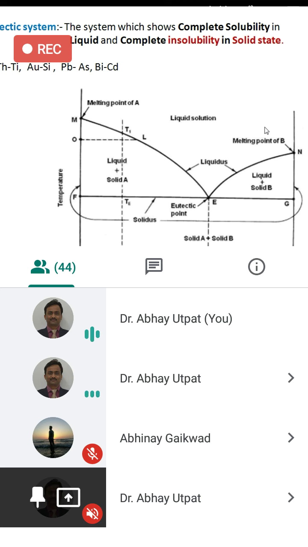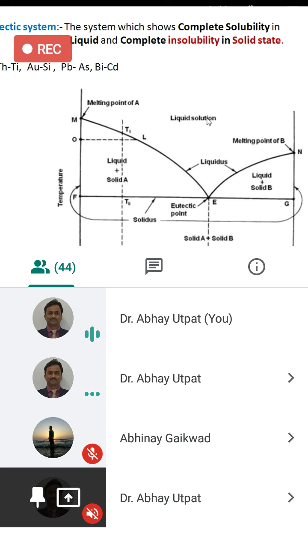What beauty are you observing here? Start from the left hand side, from A to B. Amount of B goes on increasing. So as the amount of B increases, the melting point decreases.